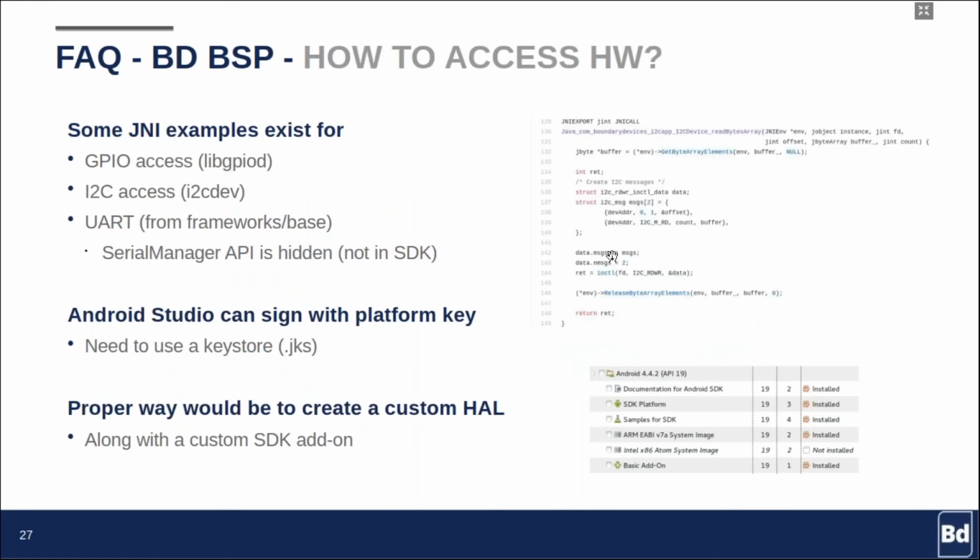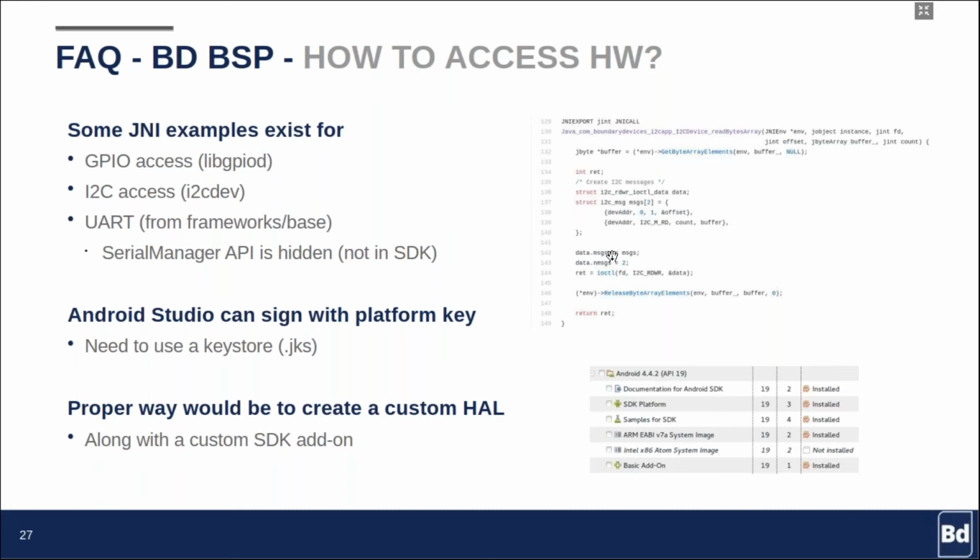And here is a quick list of questions that we usually have from customers about how to do things with our BSP. The first one that comes to mind is how to access the hardware. For that, we provide some very simple examples on how to access GPIO, I2C, or UARTs using the JNI.